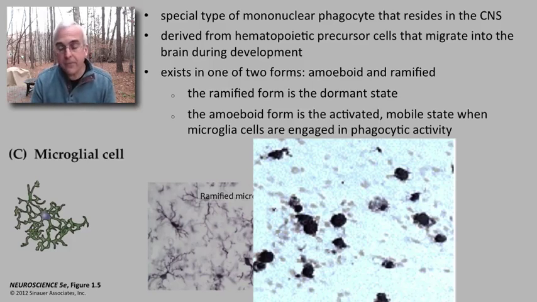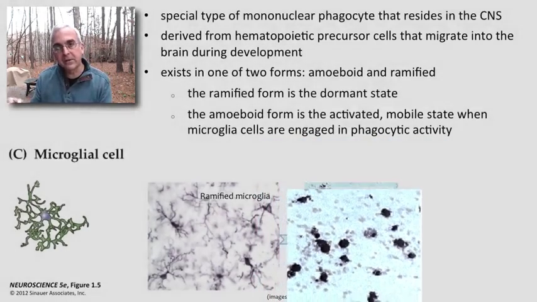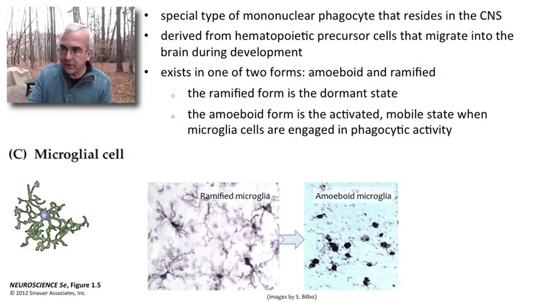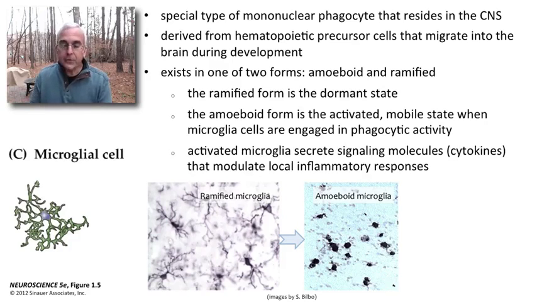So the amoeboid form is the activated mobile state when microglial cells are mobilized and engaged in phagocytic activity. And this is one principal function of microglia, is that they phagocytize cellular debris that is found at the site of injury in the nervous system. But they also secrete signaling molecules, numerous kinds of cytokines, for example, that can modulate local inflammatory responses.